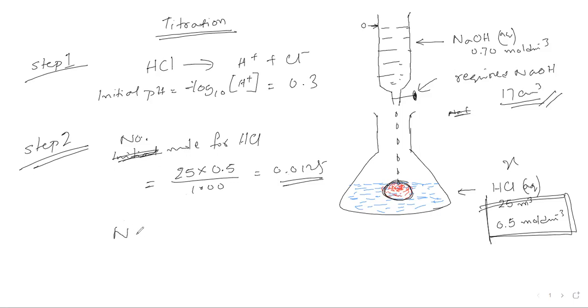Now, in part two, we need to find at first this one. Let's say we don't know how much sodium hydroxide is required. I just said 17 for the approximation part. We need to find how much NaOH is required. So we can simply use this equation instead, in the other way.